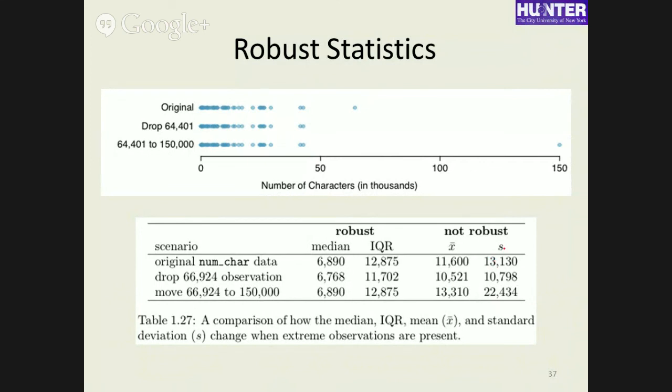So the standard deviation, when we got rid of it, went down by about 2,500, and then when we took it up here, it went up by almost 3,000 or almost 10,000. So the standard deviation, more so than the mean, is quite sensitive to outliers, and this interquartile range is relatively robust to that outlier.